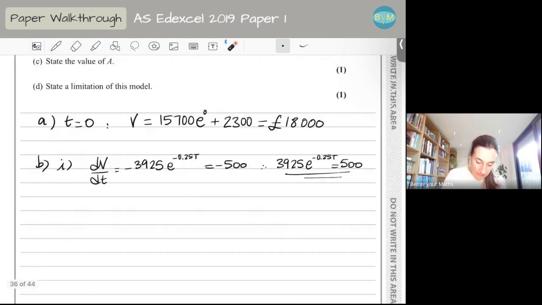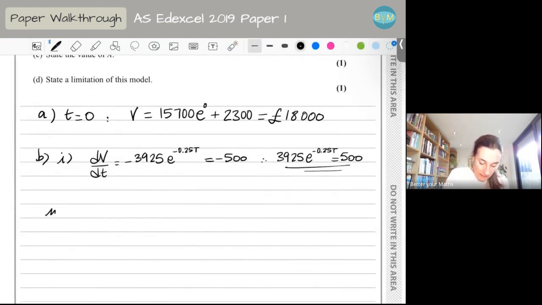I'm going to divide by the 3,750. So we have this thing here equal to 500 divided by the number. I'm not going to give the decimals because they are not nice. So I'm just going to leave the fraction.